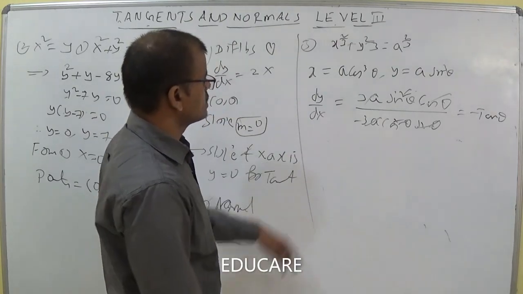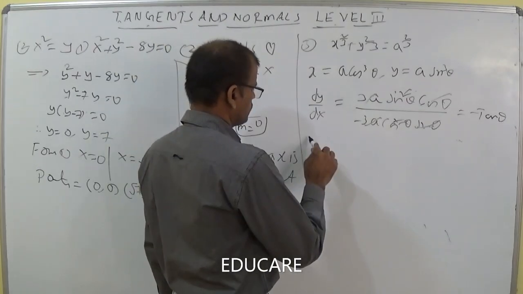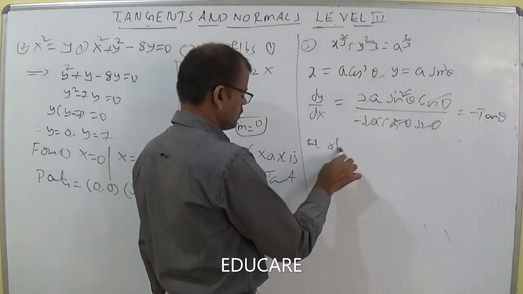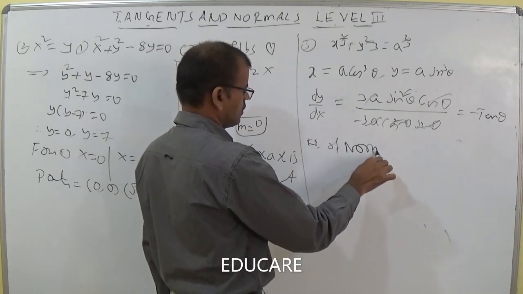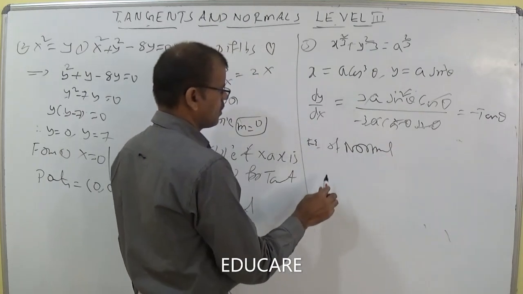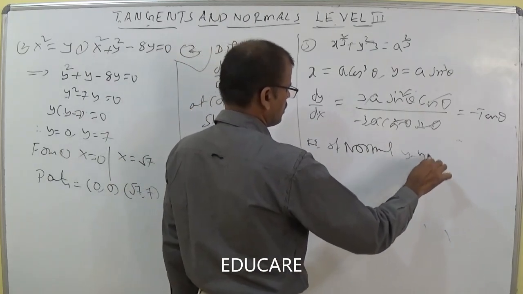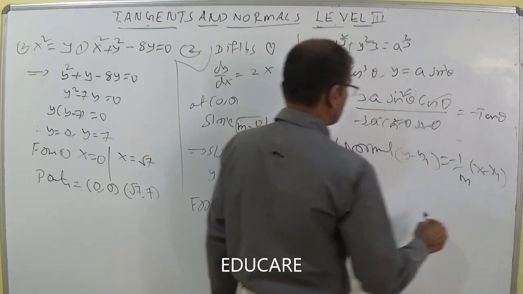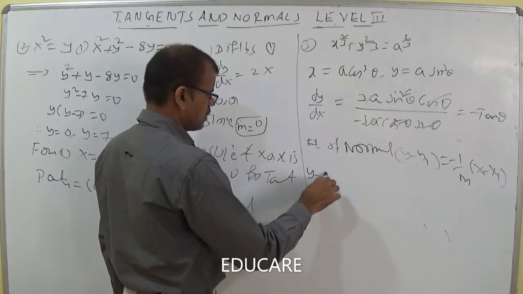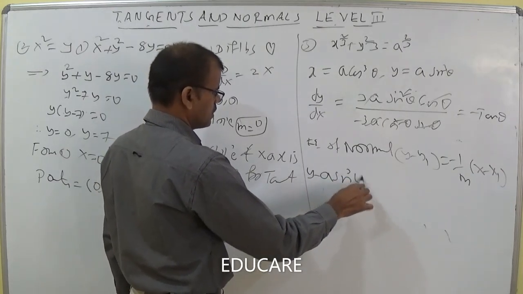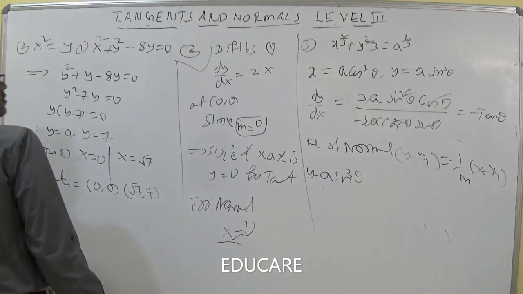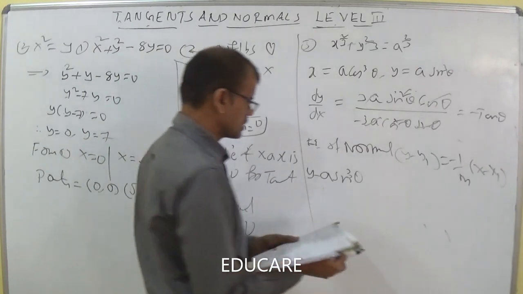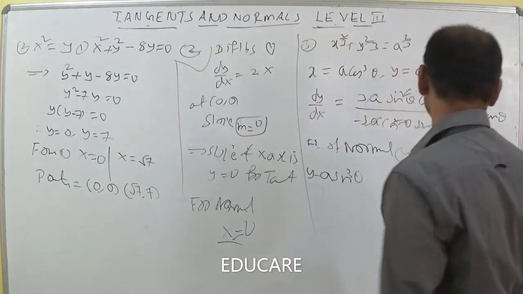He is asking about the equation of the normal. The formula is y minus y1 equal to minus 1 by m into x minus x1. Here y1 is a sin cube theta, at the point p theta.